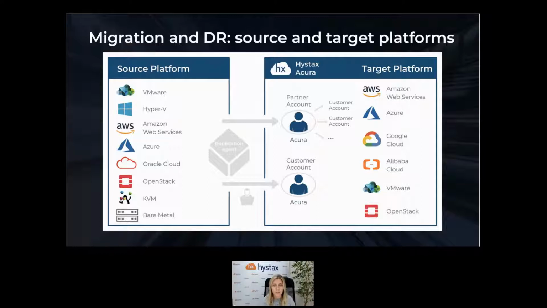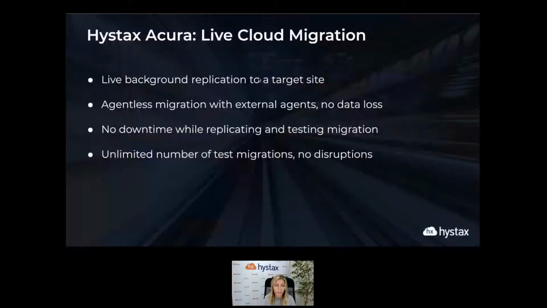We support any types of source workloads where Windows or Linux can be installed: VMware, Hyper-V, all the public clouds like AWS, Azure, GCP, and so on. Hystax also supports bare metal machines and KVM platforms. As for the target side, you might see that there are also quite a lot of platforms that we do support. Here are the 4 main points that I want to draw your attention to.